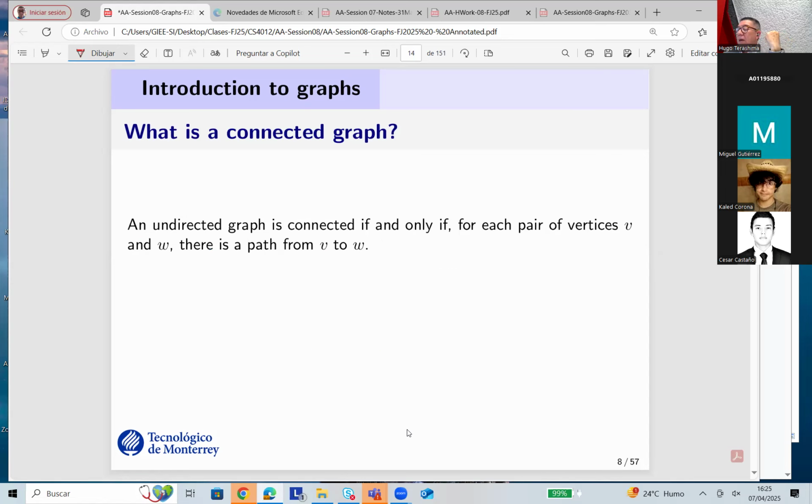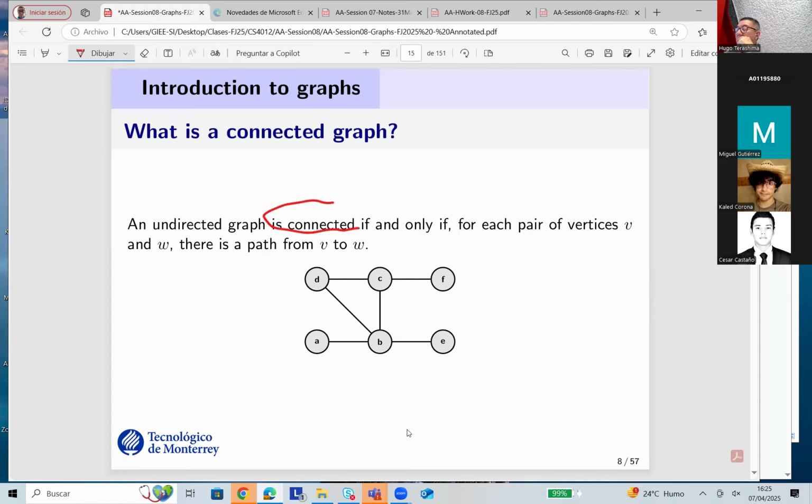An undirected graph is connected if and only if for each pair of vertices B and W, there is a path from B to W. For each pair. So you have, for example, this graph.